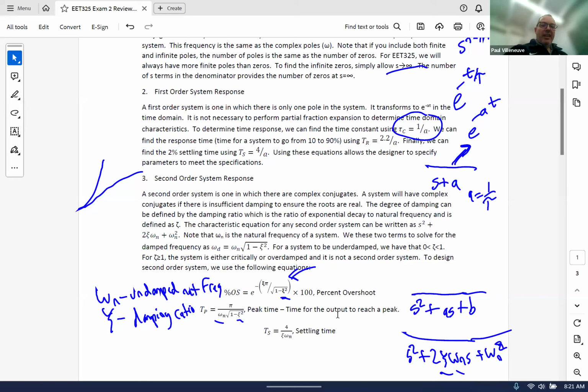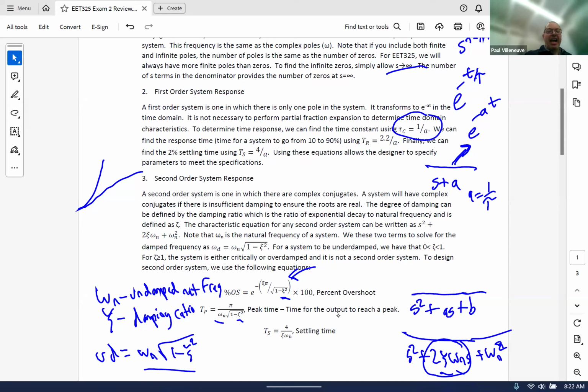You'll also see that I have omega sub d, which is omega sub n times the square root of 1 minus zeta squared. That's just if you have damping in your system. So if this term here does not equal 0, then when you use the quadratic equation, you're going to end up with essentially this one.